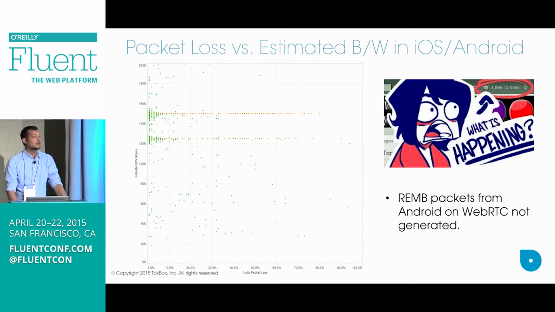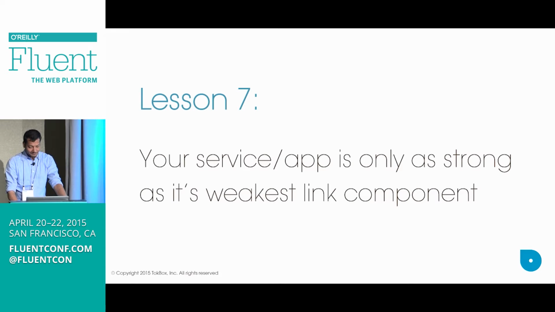Regardless of your packet loss, it always estimates the same bandwidth. We reported this to Google. Google fixed it. Again, the point I'm trying to make here is it's really important to not only instrument data, but also instrument it at the right level of granularity, right? Bad data is worse than no data, but granularity is really important.